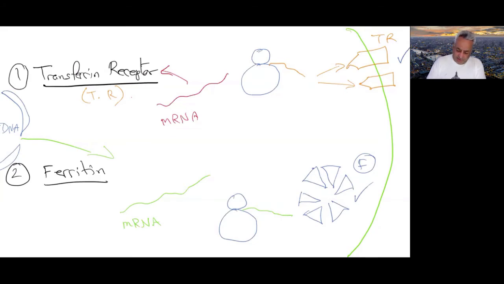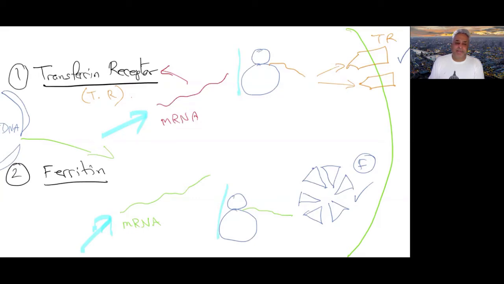So regulation takes place, in this case, at this step and this step. The two systems use the same general principle of interfering with the messenger RNA. So if the messenger RNA is interfered with and is prevented from getting to the ribosome, then naturally no polypeptide will be made for either of these two proteins.